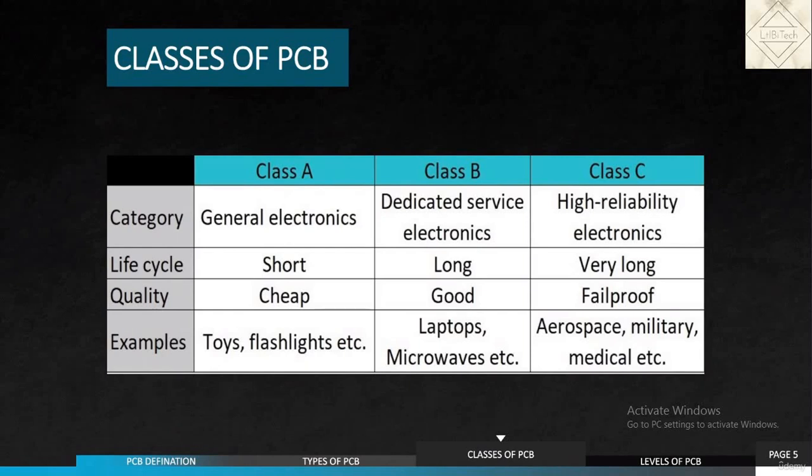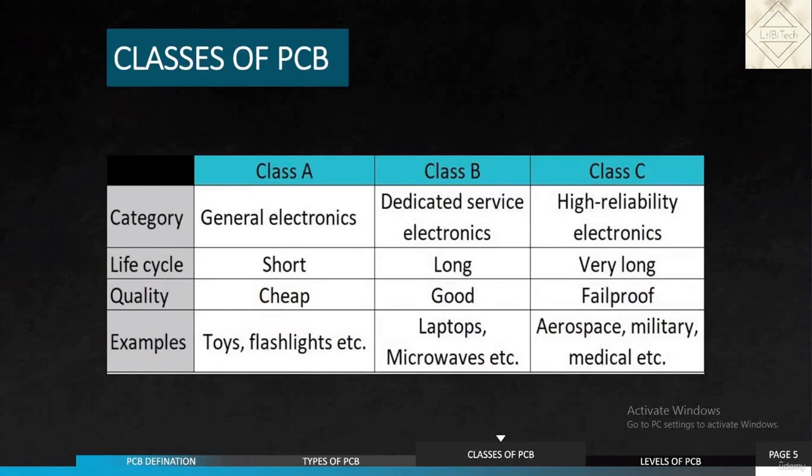Based on the requirement, we have classified PCBs into three different classifications: class A, class B, class C. As a PCB designer, most probably we will work on class B, but it depends upon which industry you are working in. If you are working in the defense industry, you will be able to design class C PCBs.